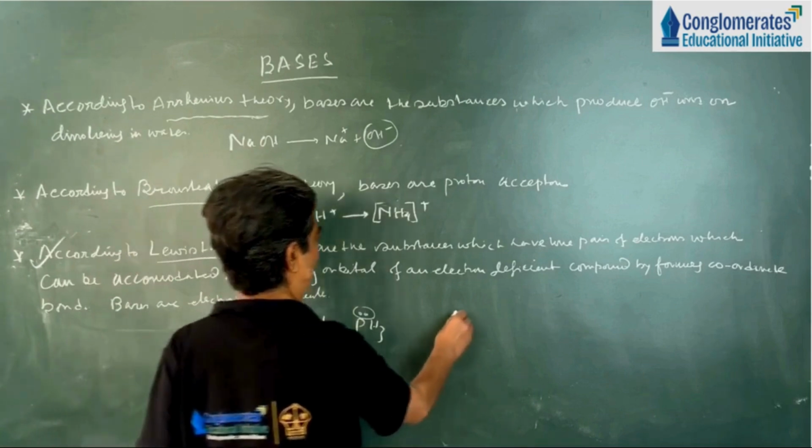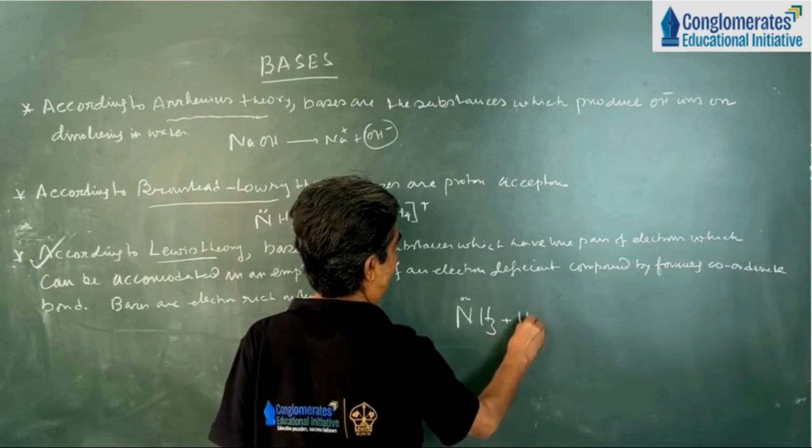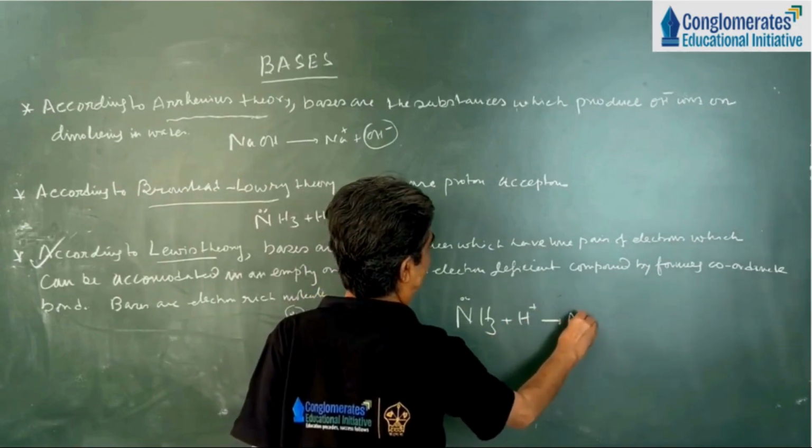As for example, ammonia plus H+ ion forms ammonium ion.